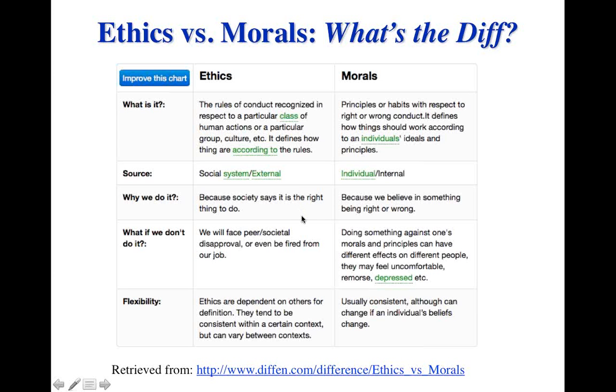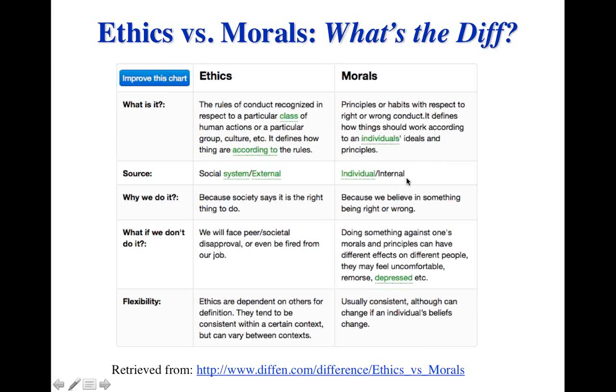and we do it because society or some governing body has said that these are what the code of ethics for our profession is, and that contrasts a bit with how we think about moral as being something that's a little more subjective, a little more personal.